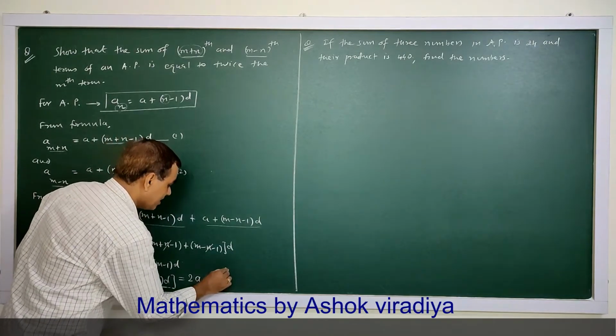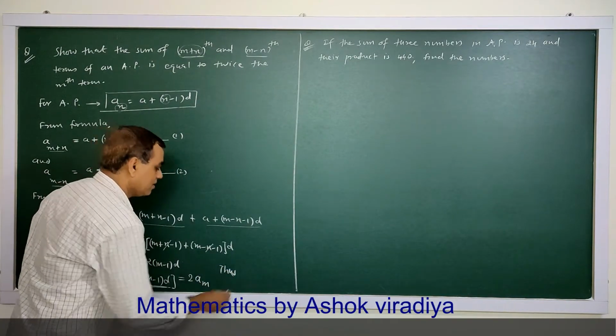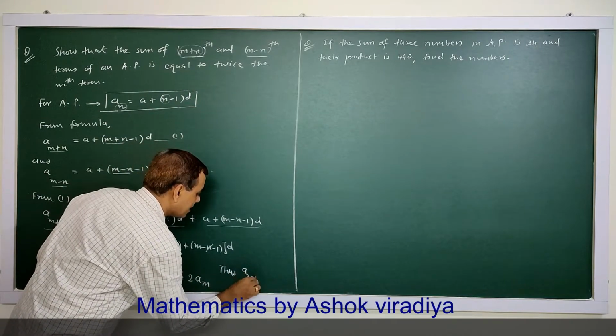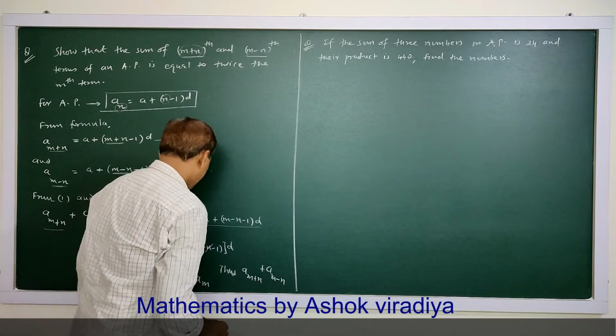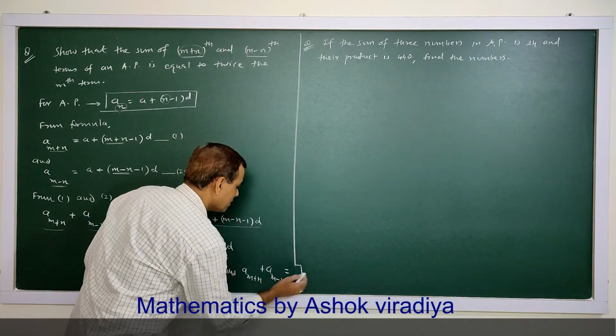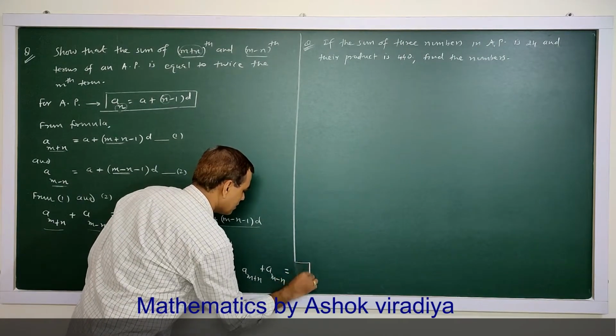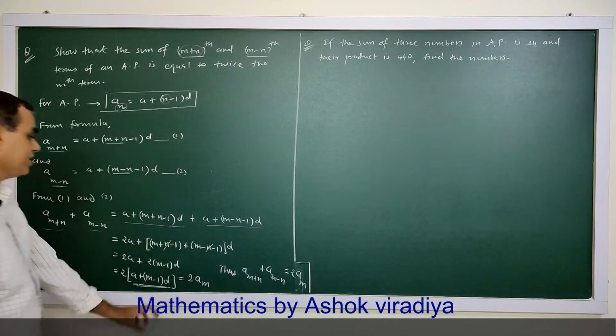Therefore the result is proved. Thus the m plus nth term plus the m minus nth term is equal to two times the mth term. So the result is proved.